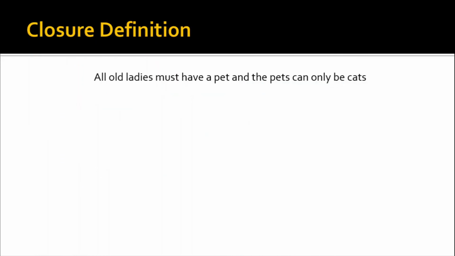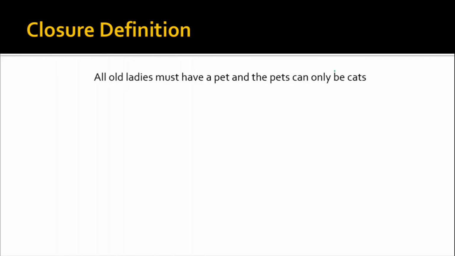Now in some cases we want to use this universal quantification, but at the same time we want to say that there is nothing else. So let me take this example to illustrate. We are saying that all old ladies must have a pet and the pets can only be cats. We could have modeled this as old ladies being a subclass of something that can have pets only to be cat.